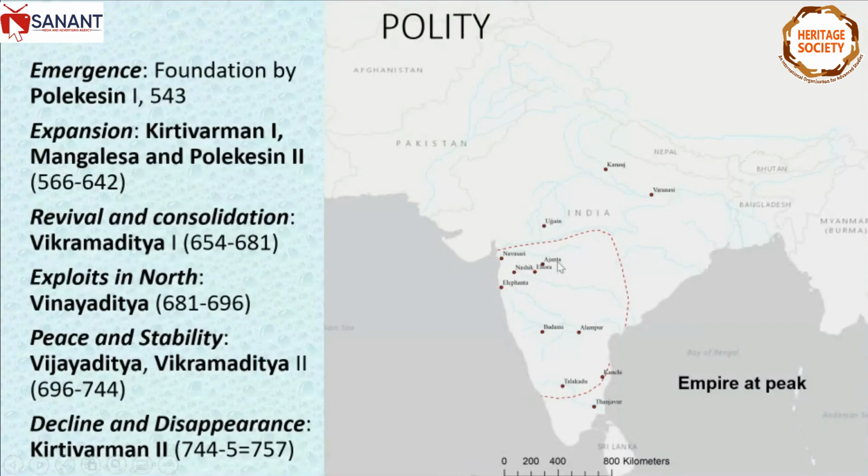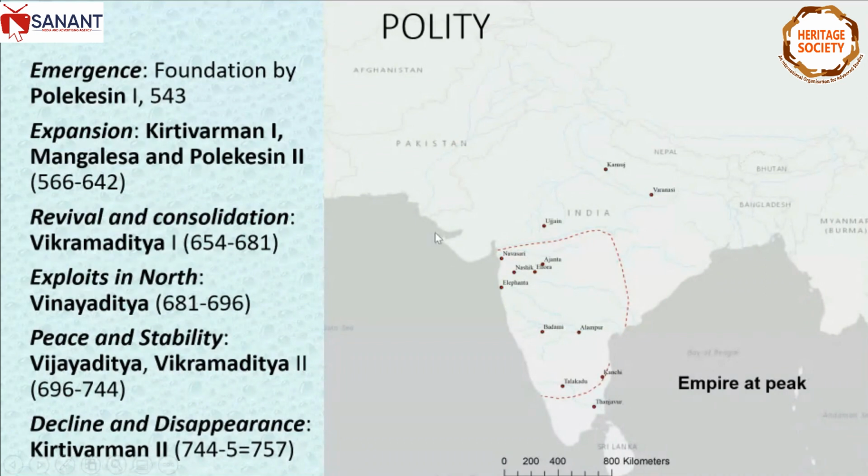A very important event of Mangalesha's reign is that he conquered the Kalachuris of this area. The Kalachuris were patrons of the Pashupata Shaiva sect, and some of the temples at Ellora have in fact been attributed to the Kalachuris, and there are influences from that region, as we will see later on.